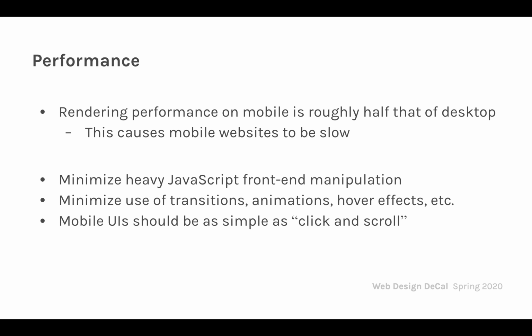Well, if you want your website to be mobile friendly, possibly consider having the mobile version minimize JavaScript front end manipulation. So maybe minimize your transitions, animations, hover effects, because it's a slower engine, obviously. Most mobile UIs are simply just clicking and scrolling, and pretty static, actually.